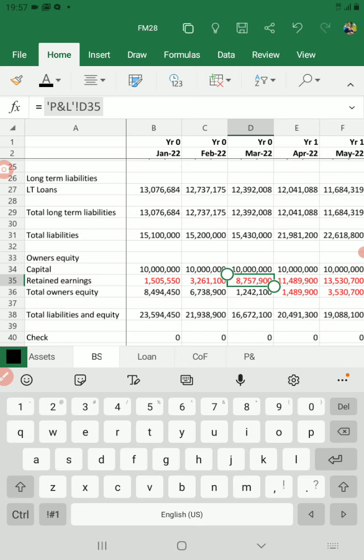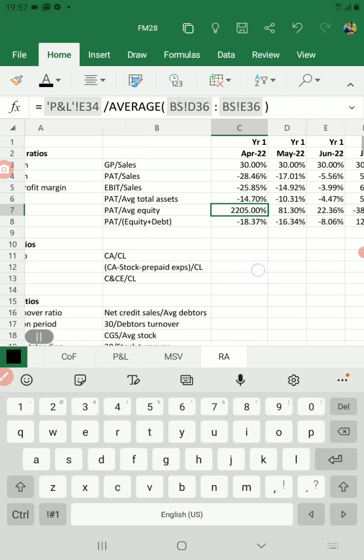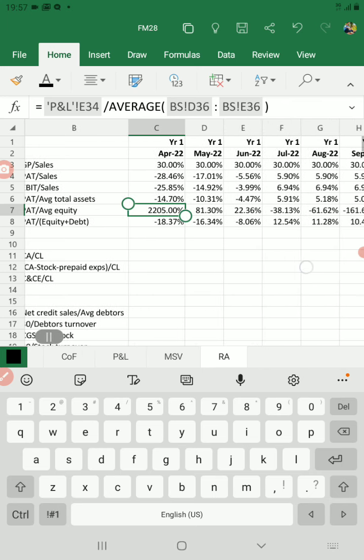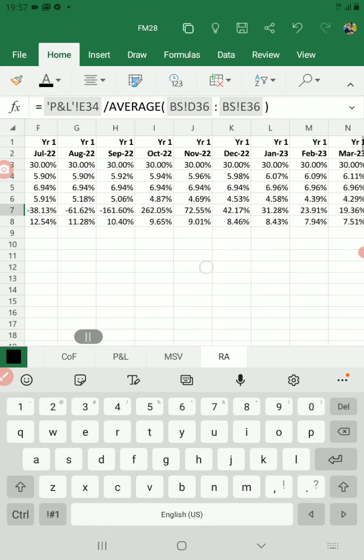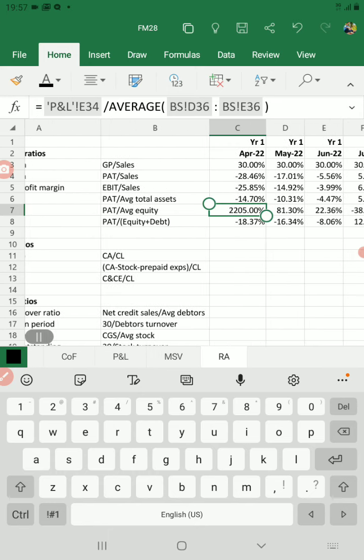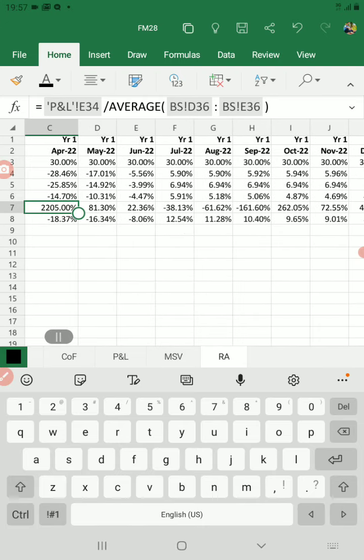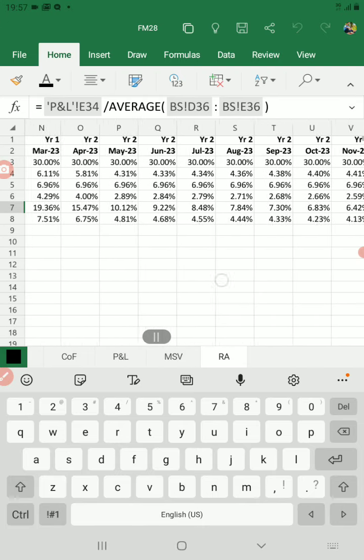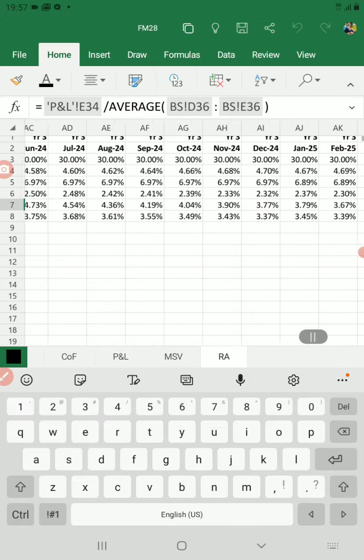Okay, so let me go back in the ratio analysis sheet. So we have seen those reasons, and I've already explained the other things. So after doing that, this was for monthly, now we can do the same for our annual.